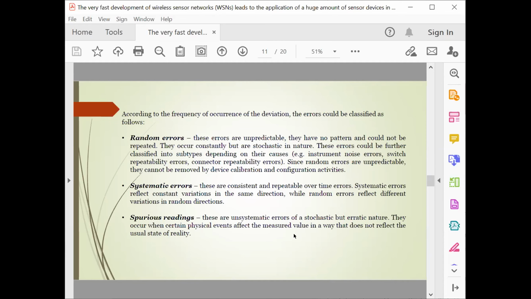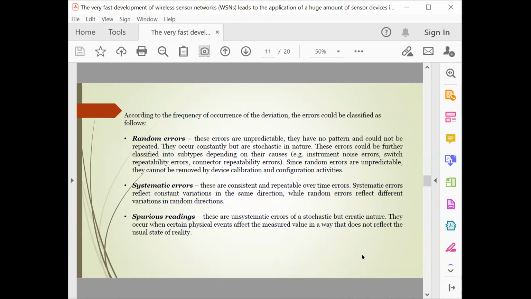According to the frequency of occurrence of data deviation, the errors could be classified as random errors, systematic errors, and spurious readings. Of course, the systematic errors need special attention, while the random errors reflect different variation in random direction.